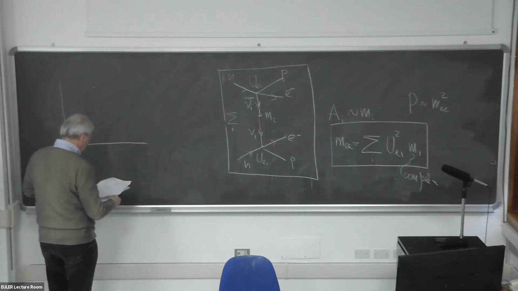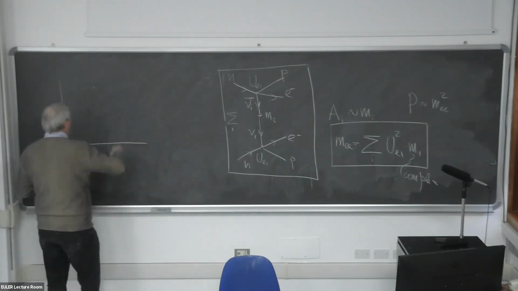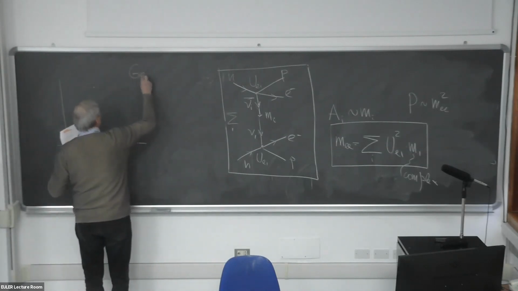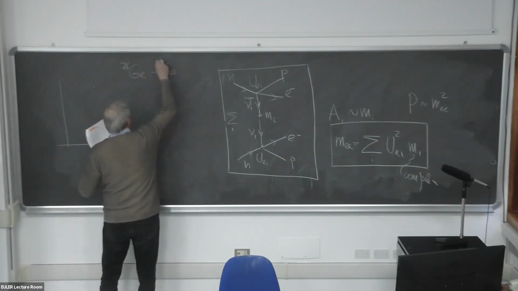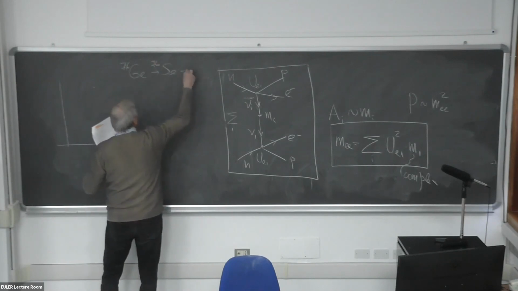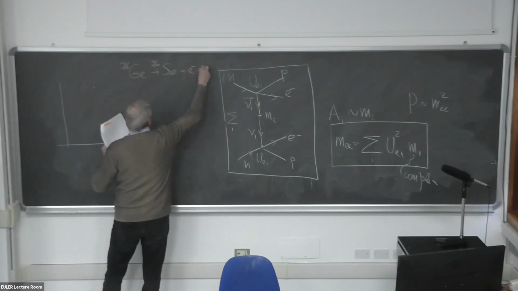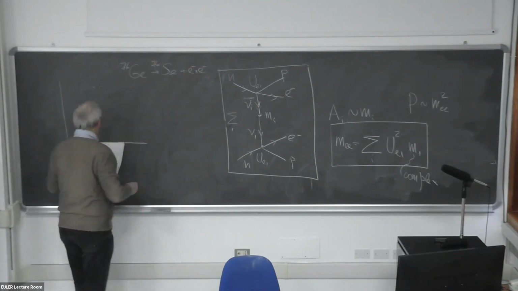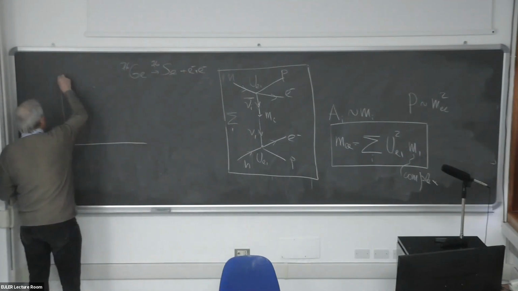So we are looking for germanium 76 going to selenium 76 plus two e minus. So that's the decay. What we are measuring is the number of events.